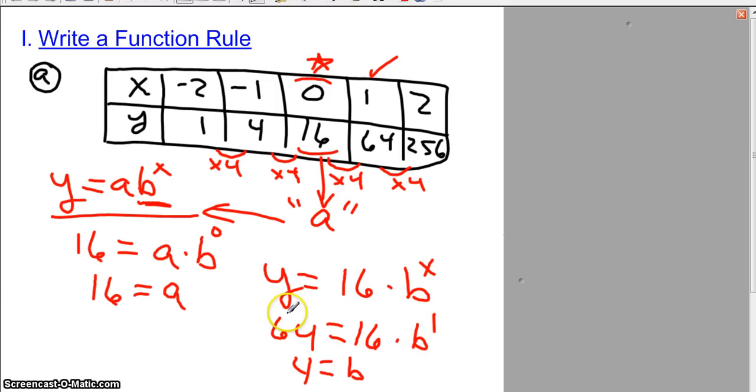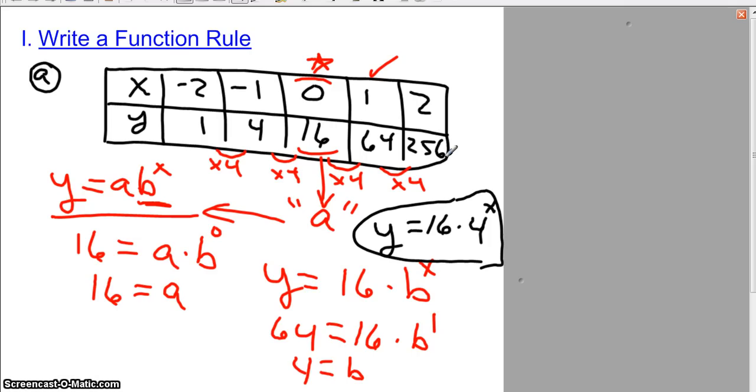Times 16 is 64, so B is 4. Or we see it is the repeated multiplication. So you don't even have to do this tough substitution if you can remember that whatever the number is that's being repeatedly multiplied, that is your base, okay? So to finish this, the equation is y equals 16 times 4 to the x. There it is.